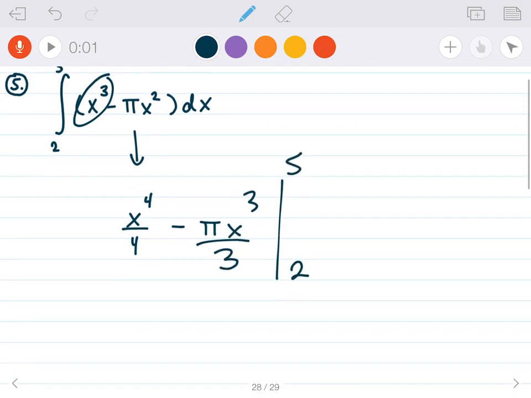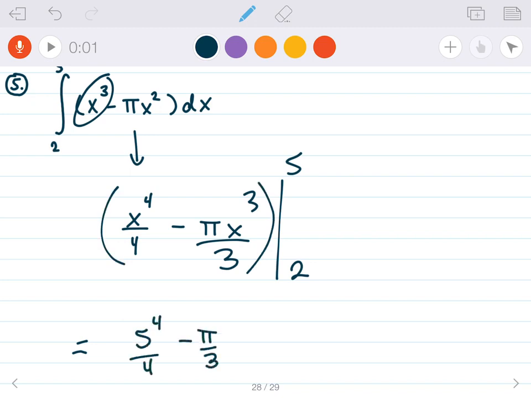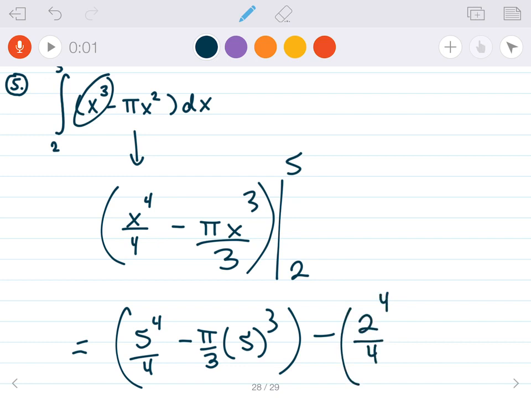Okay, so the first thing I'm going to plug in 5 into my antiderivative. So I get 5 to the 4 over 4 minus pi over 3 times 5 to the 3. All right, so that's my first bound done, minus my lower bound. So my lower bound is going to be 2 to the 4 over 4 minus pi over 3 times 2 to the 3.